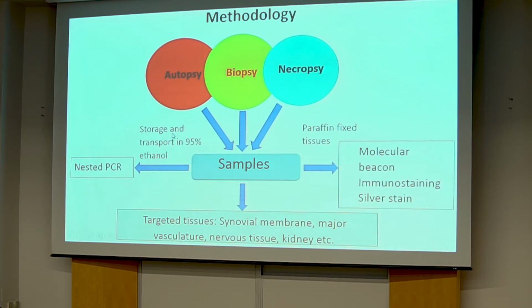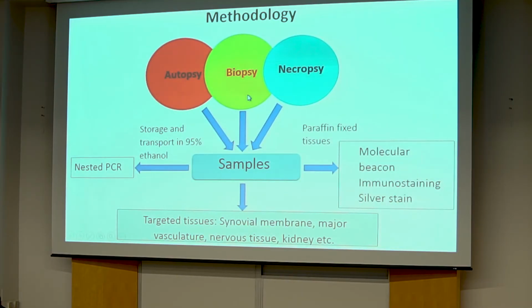For ethanol submerged tissues, I do nested PCR after extraction of DNA. For paraffin embedded tissues, I do molecular beacon immunostaining, and hopefully in the future, I'll do silver staining too. For biopsy, at first we do culture, and then extract DNA from the culture and do our nested PCR for Borrelia.